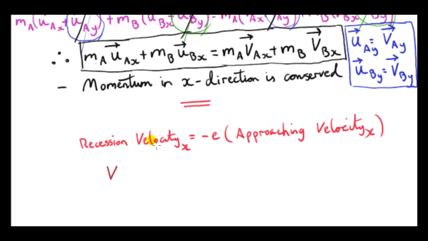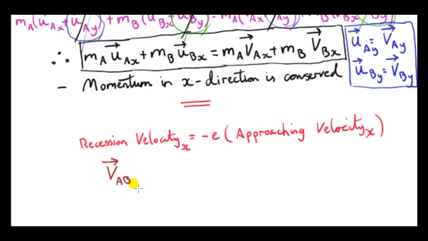Okay, to get the recession velocity of the spheres in the x direction, we get the relative velocity of one sphere to another sphere. So we could get, say, VAB. We could also get VBA. The only difference between VAB and VBA is a sign change. Okay, so I'll just work with VAB. So this is the velocity of sphere A relative to sphere B after the collision.